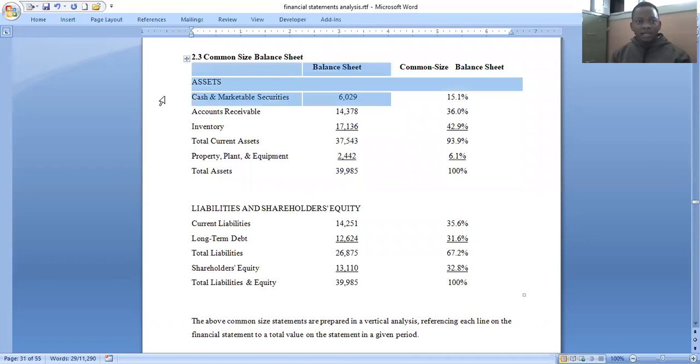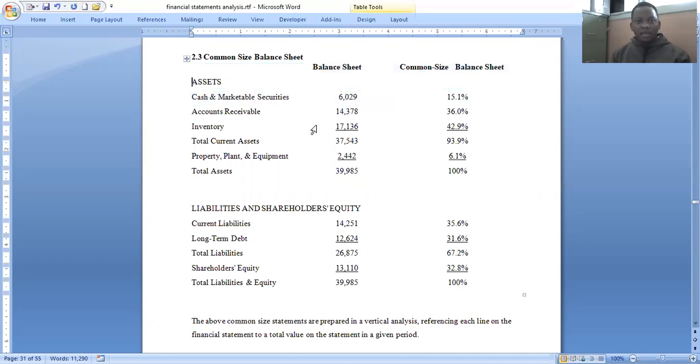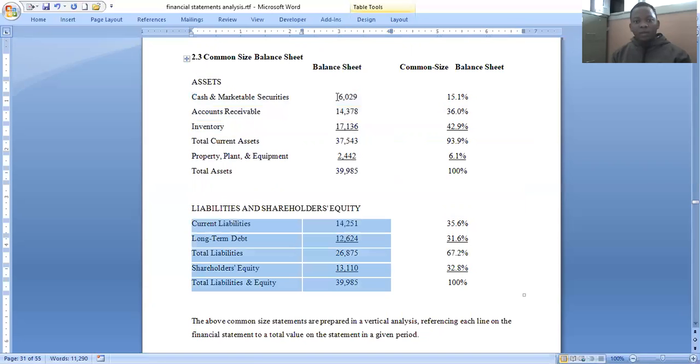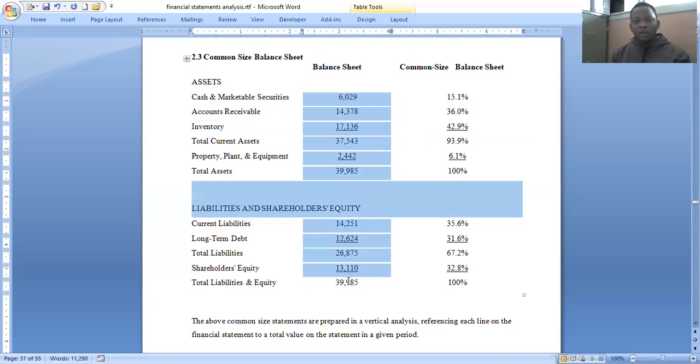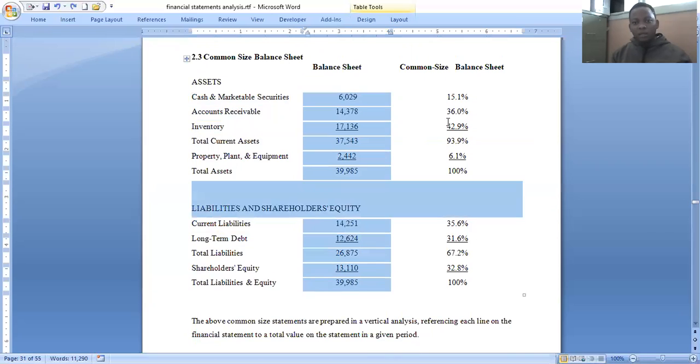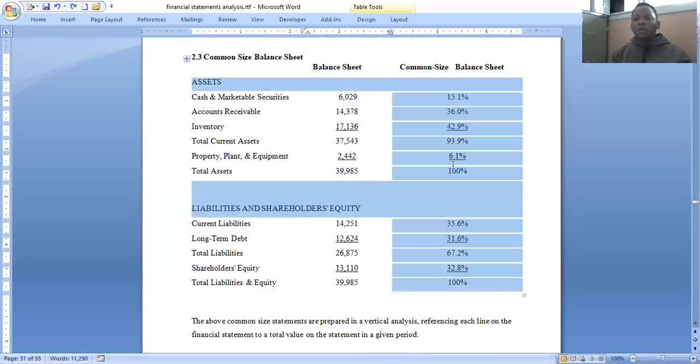As highlighted there, we have the balance sheet. In that column, we have the balance sheet, and in the highlighted column, we have the common size balance sheet, whereby each item is expressed as a percentage of a common base, in which case for the balance sheet, the common base is total assets.